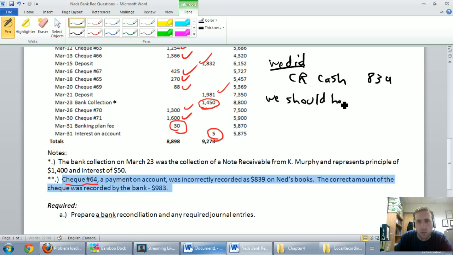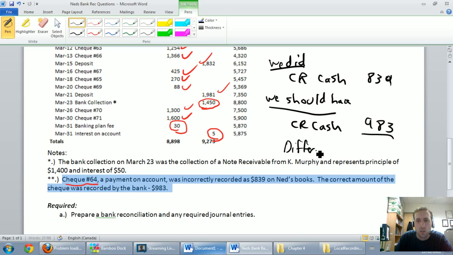We should have gone credit cash, what did the bank do? 983. So let's figure out the difference here. We messed up. What's the difference? We went credit cash 839. We should have gone credit cash 983. The difference is $144. We're $144 apart from what we did to what we should have done.